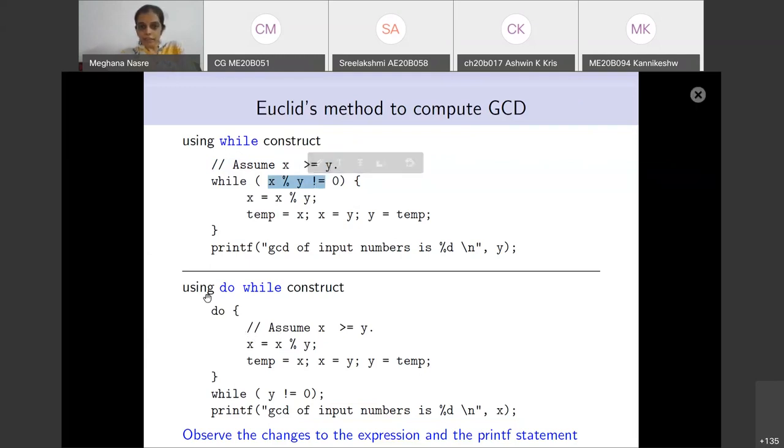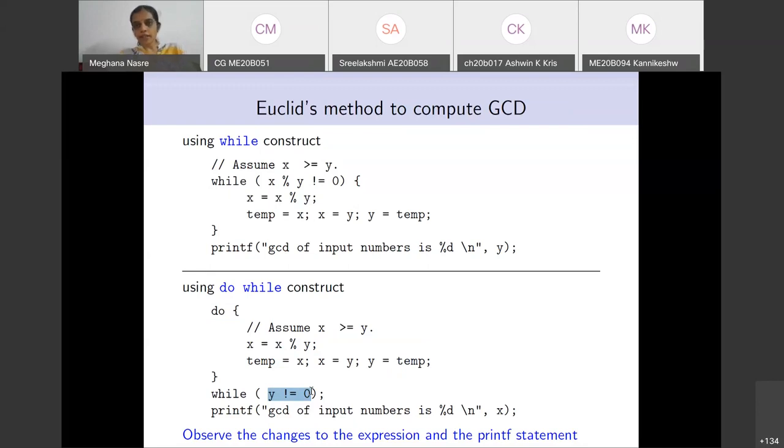On the other hand, in the do while loop, because you are executing at least one iteration which modifies x and swaps x and y, it doesn't imply that at this stage y is greater than 0. Therefore, when you did division by y, you could in fact be dividing by 0. So this is something that has changed when you have changed it from the while construct to the do while construct.